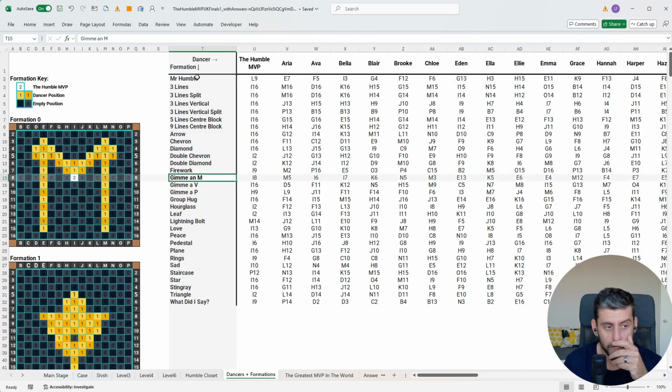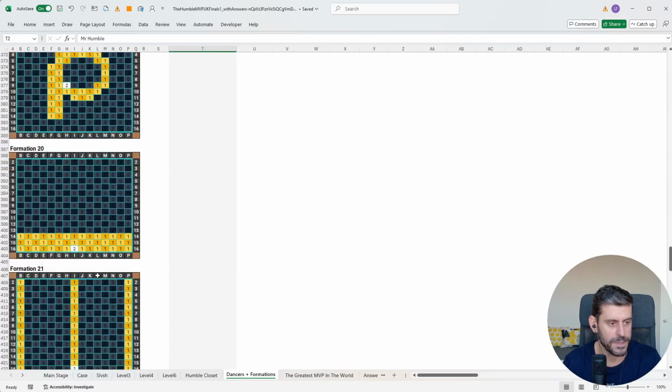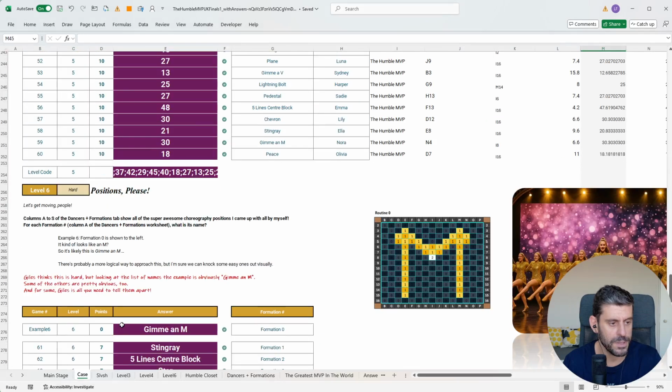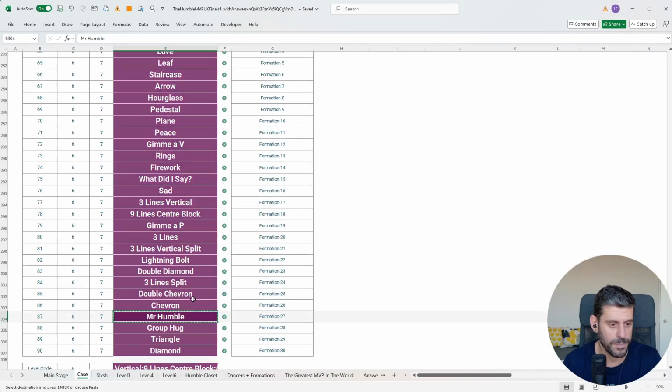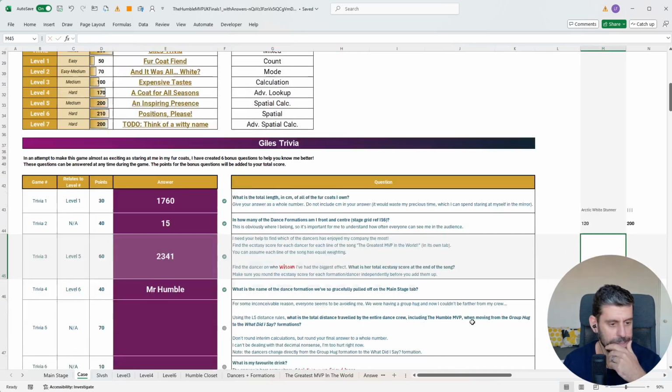Give me an M. Yeah, probably Mr. Humble itself because G is for Giles. I don't see any Giles here, so just with intuition, I will bet on Mr. Humble. But let's see if that is actually true. Yeah, G is 27. So my bet was actually correct. Again, other 40 points easily doable in the day.